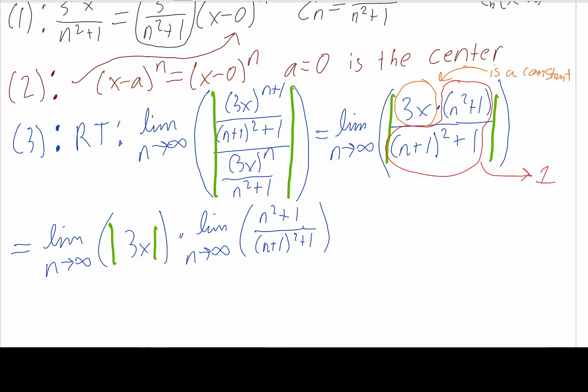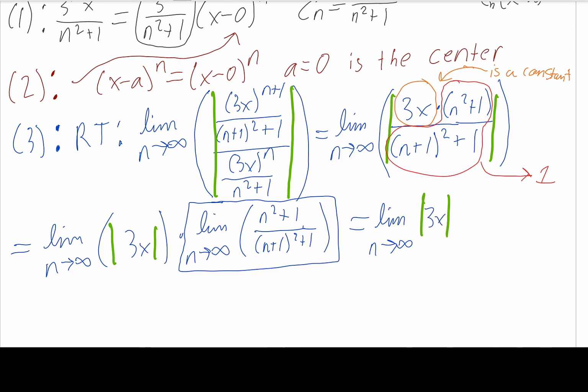Alright, well, now we can see that this limit right here, if we use L'Hopital's rule or highest degree rule, is going to go to 1. So what we're going to be left with is the limit as n goes to infinity of the absolute value of 3x. Now, remember, if we're looking for where this thing converges, the ratio test tells me that this is going to converge so long as this limit is strictly less than 1.